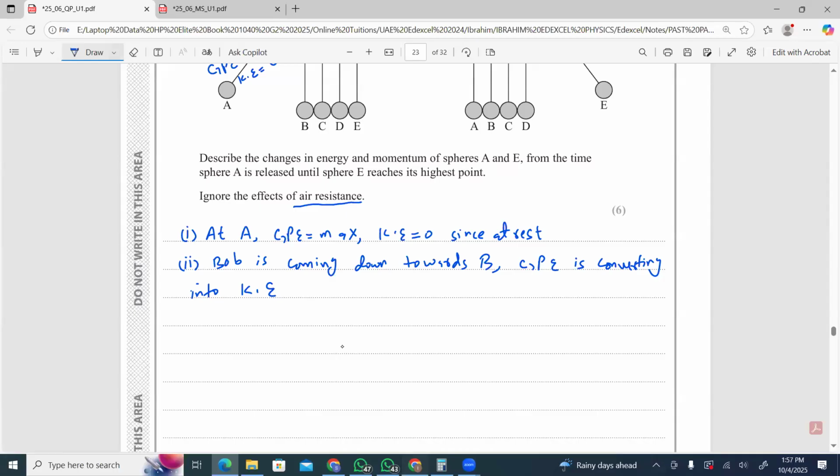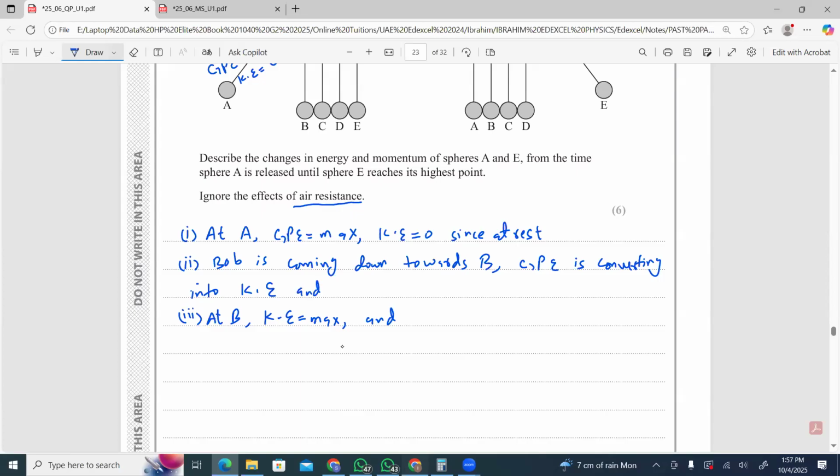Then at B, KE is max. Okay, and momentum is also max.